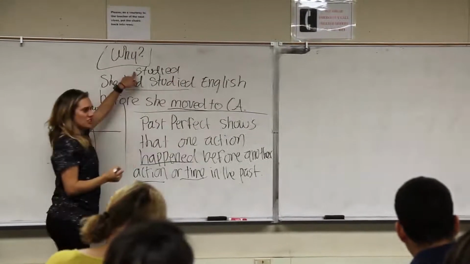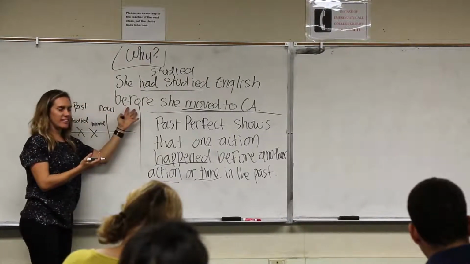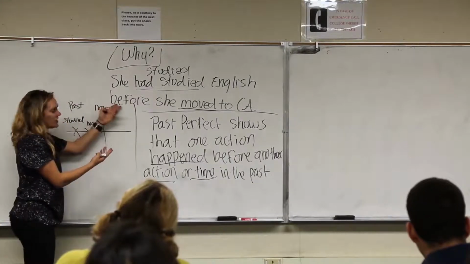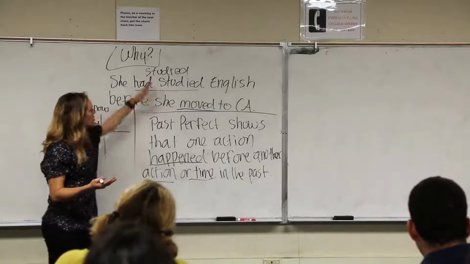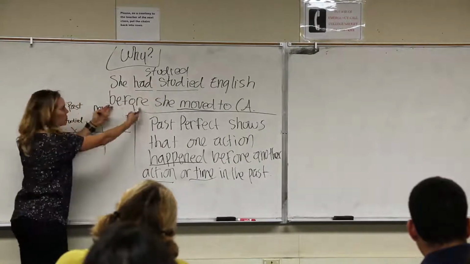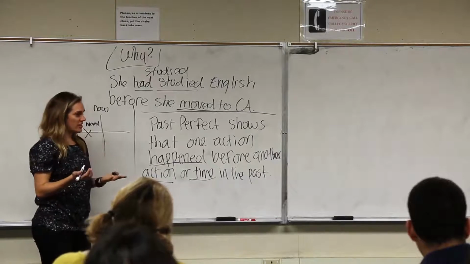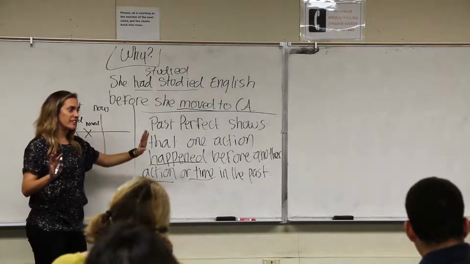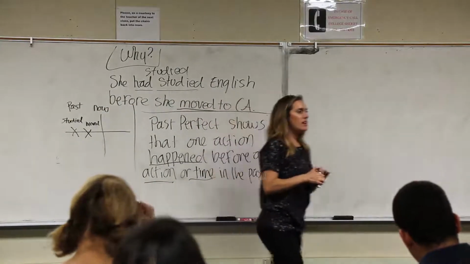Because this word clearly means before, right? So it's obvious. That's why most of the time we don't use the past perfect, because these words make it very obvious, okay? But sometimes it's not obvious. I'm just using this example because it's really clear. But there are more times where it might not be clear.